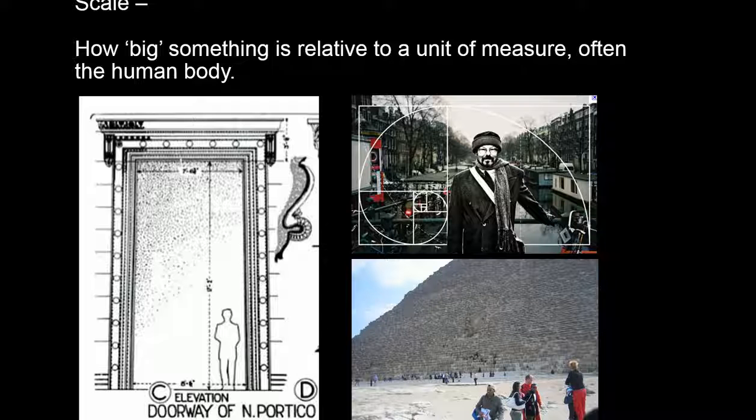All right. So this relates. The reason we're showing you these images is it relates to the scale of the building. So later on, when you go to analyze a work of architecture, say you're assigned to analyze the Parthenon, which is on the Acropolis in Greece. One of the things you'll be looking at is what's the scale of it? What is the scale of the Erechtheion porch?